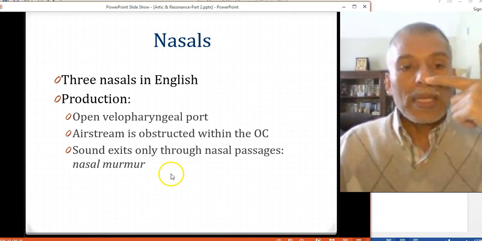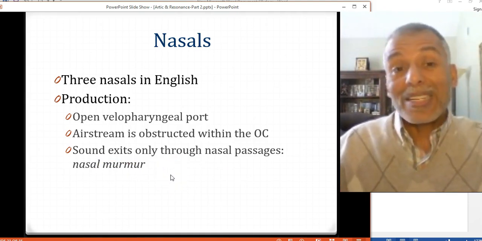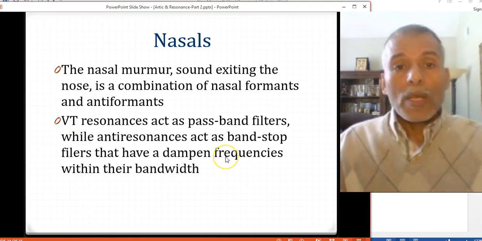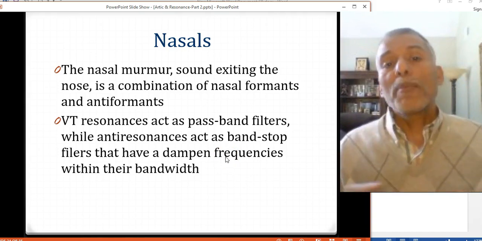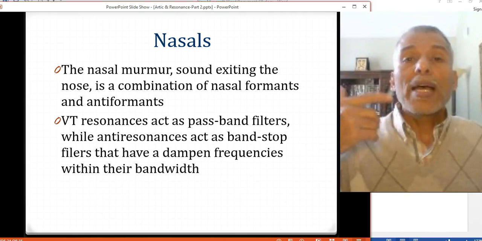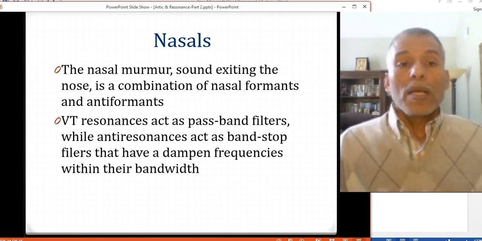So the sound that exits the nasal passages is called a nasal sound, or simply a nasal murmur. So the nasal murmur is a combination of nasal formants and antiformants. So what are the antiformants?